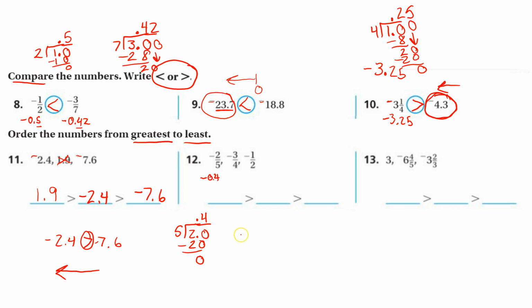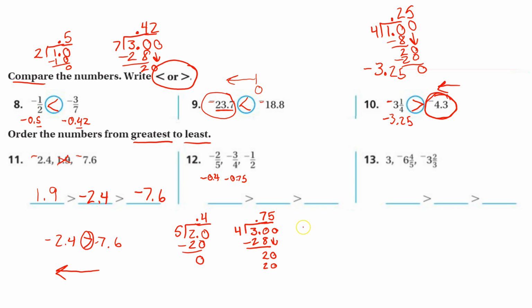Let's change 3/4. Denominator into the numerator. 4 can't go into 3. 4 goes into 30, 7 times? 7 times 4 is 28. 2, add a 0, bring it down. 4 goes into 20 5 times. 5 times 4 is 20. So this is going to be negative 0.75.